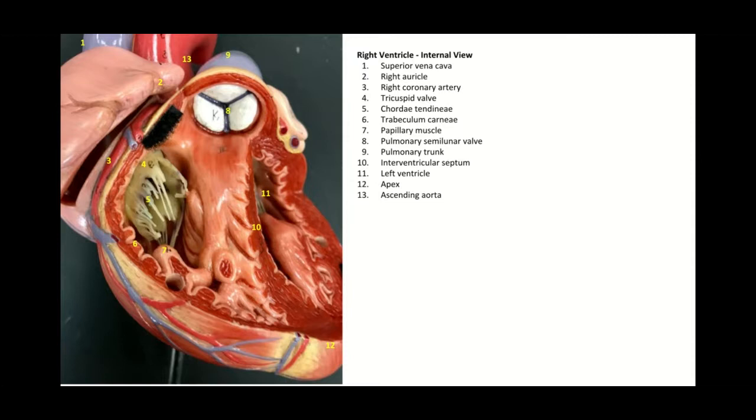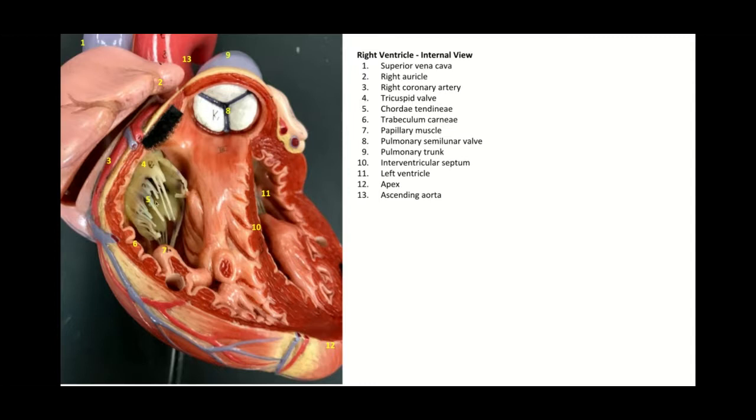The papillary muscle is the site of insertion of these cords, these white cords. These white cords, which is number 5, is called chorda tendini. And the chorda tendini in one side attached to papillary muscle, in the other side they are attached to number 4. Number 4 is tricuspid valve. The valve which we have between right atrium and right ventricle.